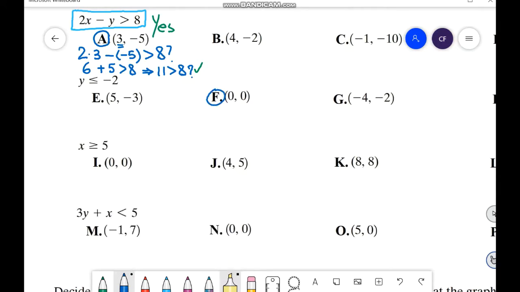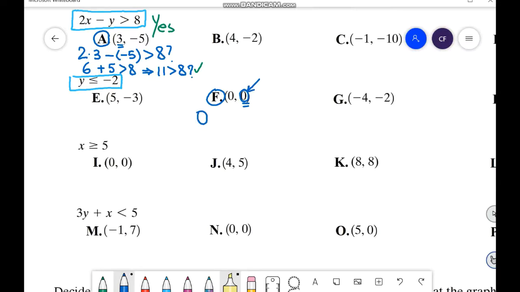The inequality for letter F is this one. Okay, Kalia? Y less than or equal to -2. Now you're going to plug in y is 0. Y is 0. We don't have x, we just have y. Plug in 0 into the inequality.